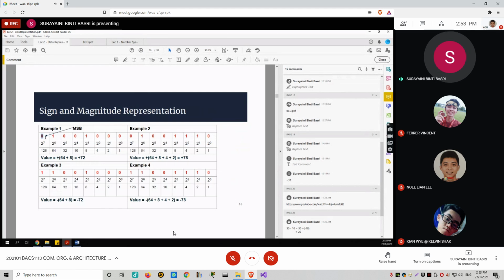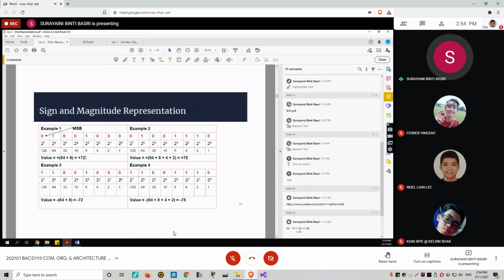So when you see here, this is 0, so it means it is positive. And then 64, because only this one has value. So 64 plus 8, because only 8 has value here.